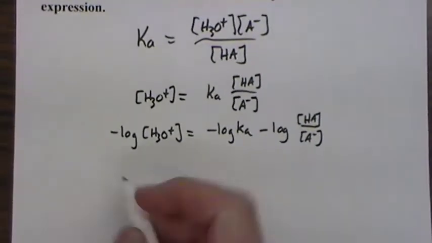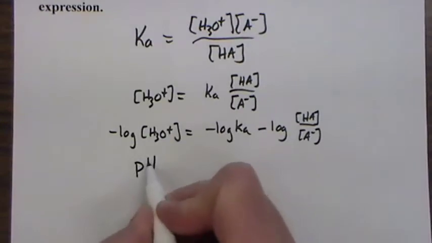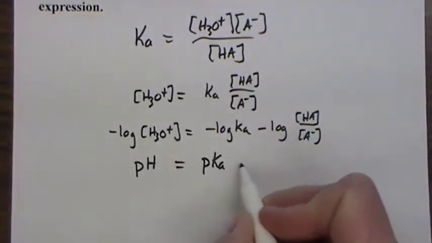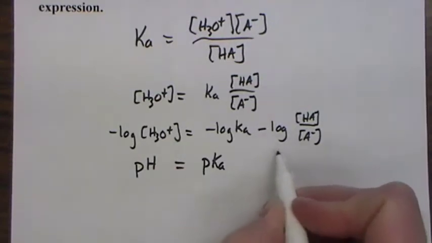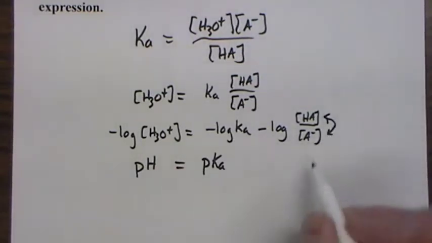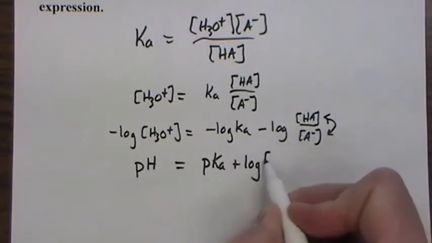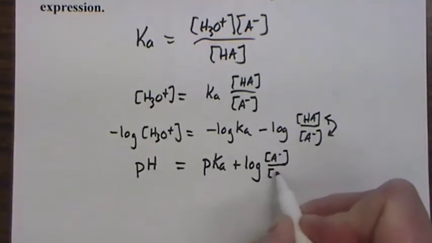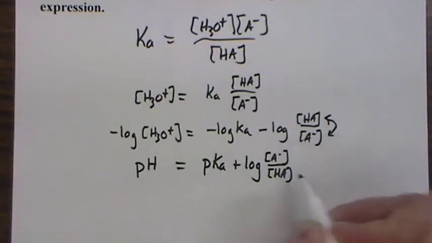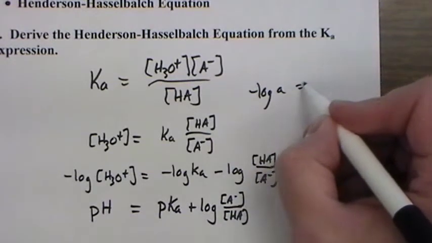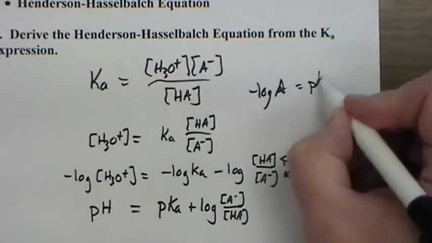Now this negative log of H3O+ is pH. Negative log of Ka we call pKa. And if we flip the acid and the base, then the sign changes on the logarithm. The negative log of anything, the negative log of A would be called pA.